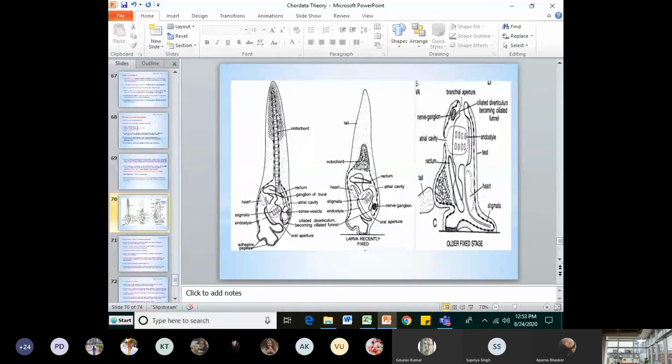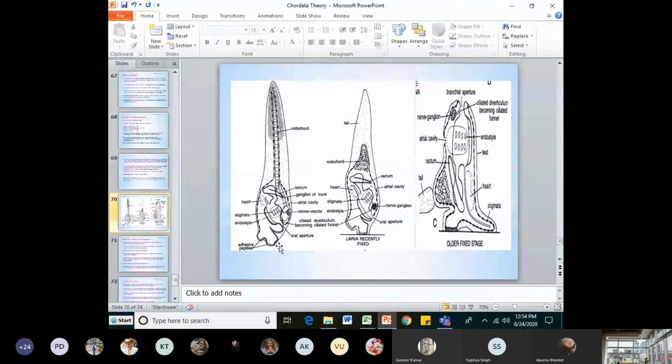So now we know that this is the fully grown tadpole larva, which has all the advanced characteristics. This is an intermediate stage, and then this one is the last stage in which the larva has almost taken the shape of the adult urochordate. This is a larva recently fixed, and this is an older fixed stage. First the larva is free swimming, moving in the water in search of a perfect substratum.